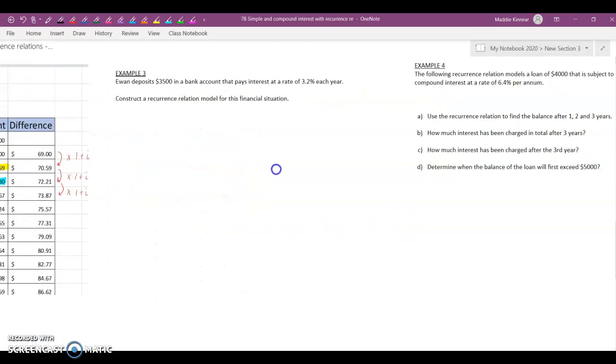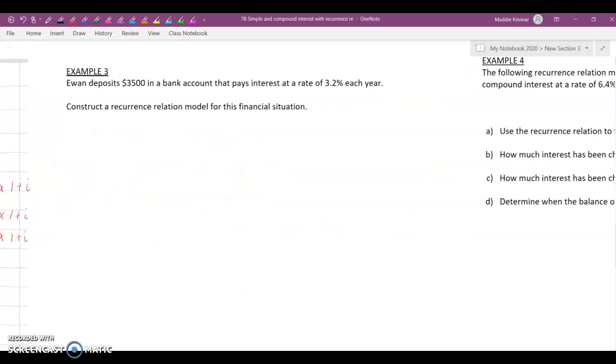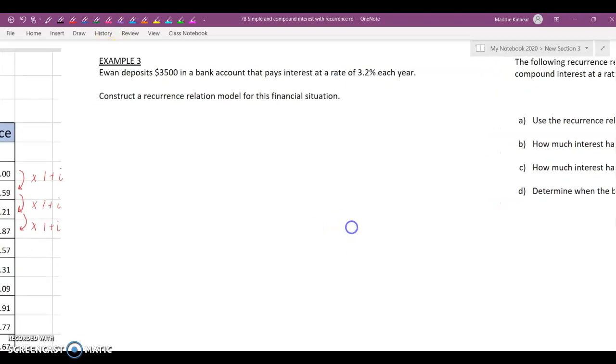So if we have a little look at this question, it says Ewan deposits $3,500 in a bank account that pays an interest rate of 3.2% each year. Construct a recurrence relation for this financial situation. So what we're going to see is that our initial starting point is going to be our principal value, which was 3,500, and our recurrence relation, A(n+1), is going to be equal to A(n) times 1 plus i.